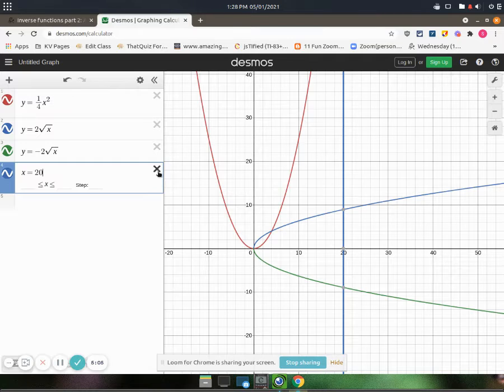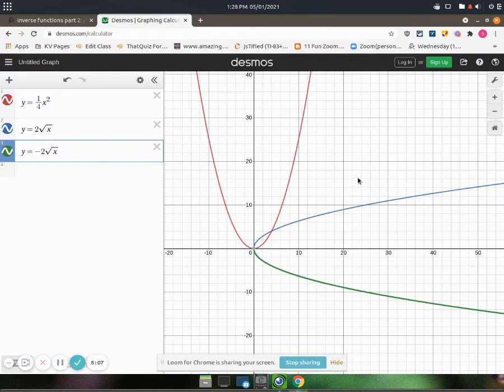But the reason that this thing fails the vertical line test is because the original graph fails the horizontal line test. That's the terminology, the test that they typically ask.